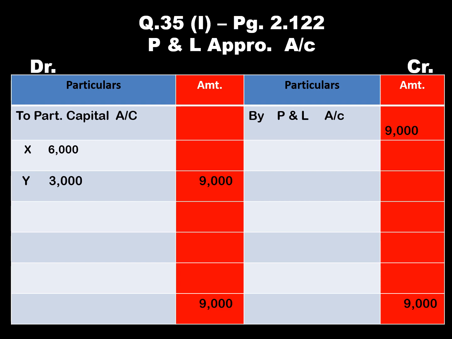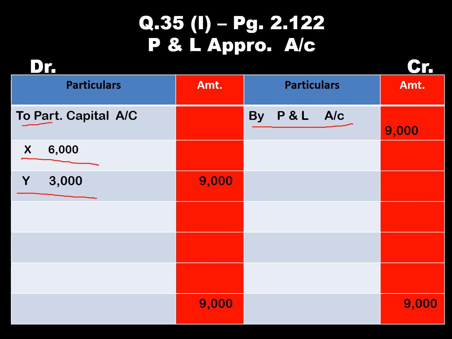So in the P&L appropriation account, we will first write by P&L, profit for the year, 9,000 rupees. Then in the question it is mentioned that there is no agreement among the partners, or interest on capital is not specified in the partnership deed. So we cannot provide any interest on capital to the partners.